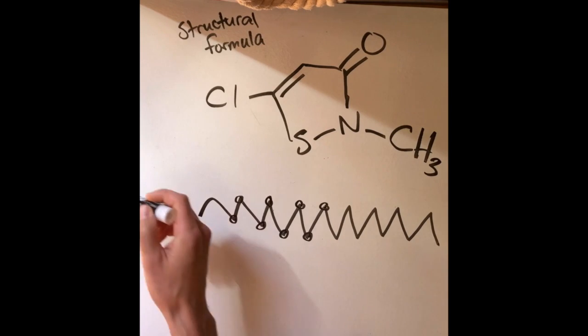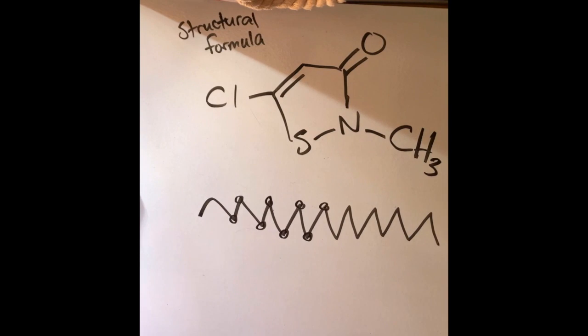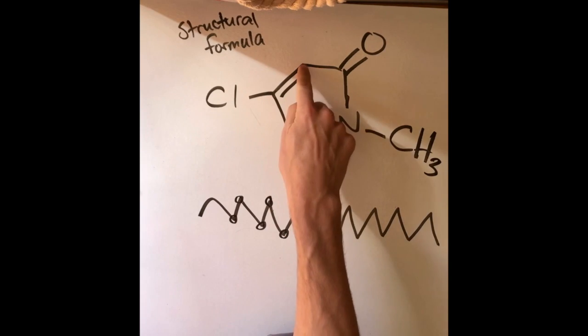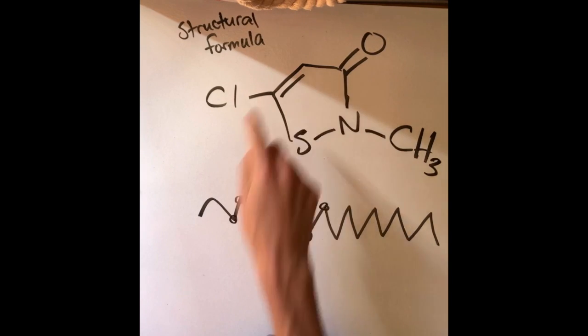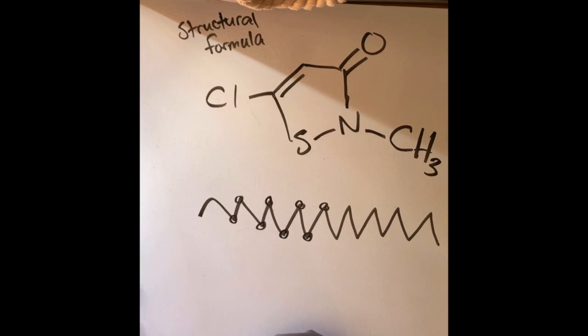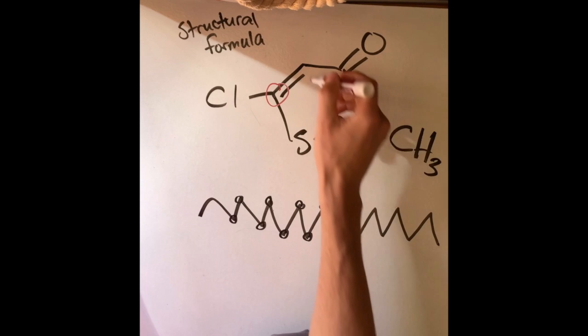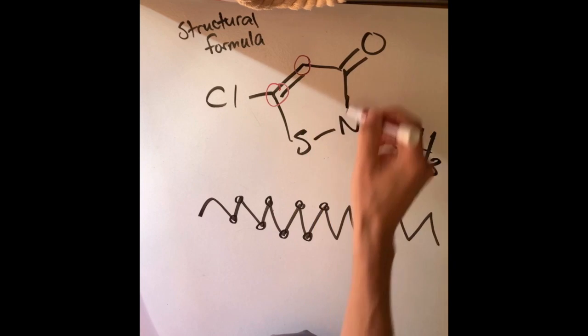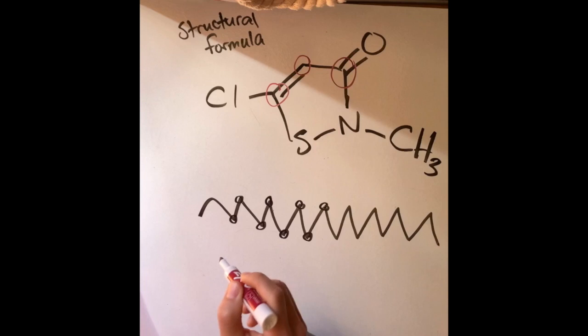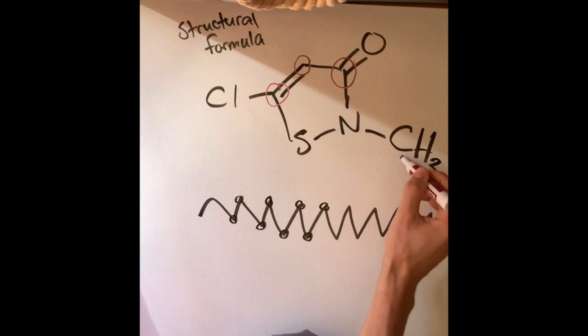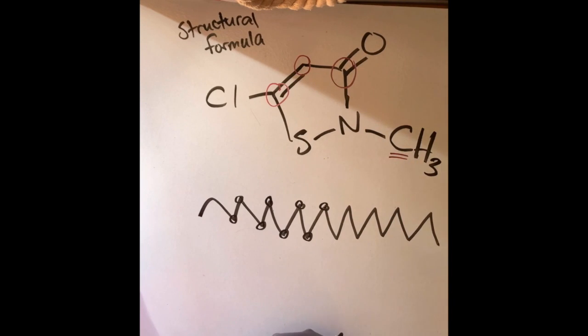That's just the simple thing for right here. Okay, so every intersection point that doesn't have another element written is a carbon. So like this right here is a carbon. This right here is a carbon. This right here is a carbon. Okay, there is also a carbon over here, but that's fine.